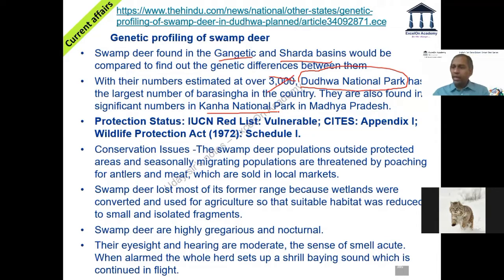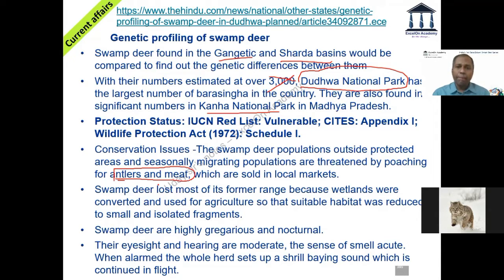Now, one of the reasons impacting their population is poaching for both the antlers as well as the meat. Antlers as well as the meat are sold in the local market. In many places, deer meat is a delicacy, so people eat the deer meat.